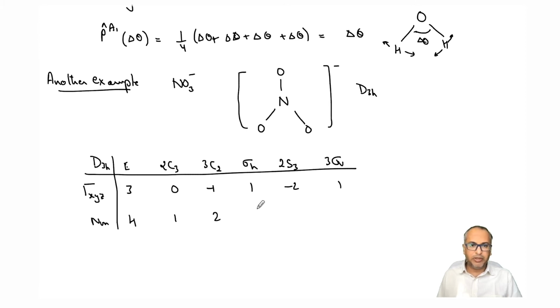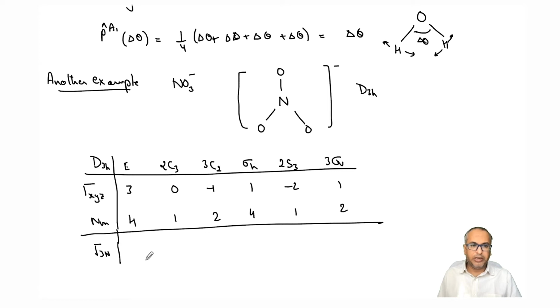For C2, 2 atoms will remain unshifted. For sigma h, all 4 will be unshifted. For S3, 1 atom will be unshifted. And for sigma v, 2 atoms will be unshifted, right? Okay, so that gives me tau 3n. Multiply these two and I get 12, 0, minus 2, 4, minus 2, 2, right?